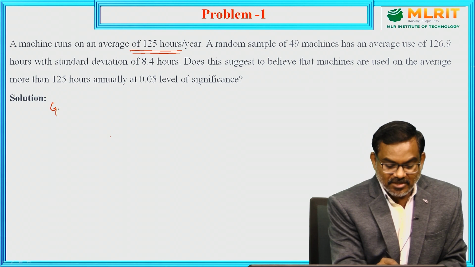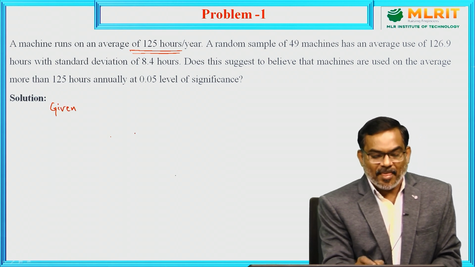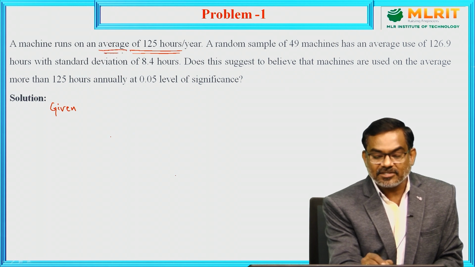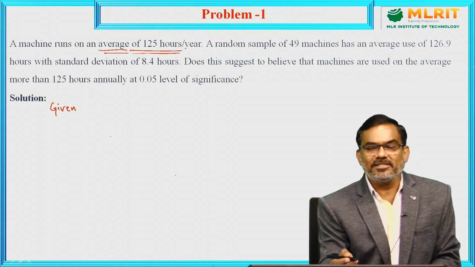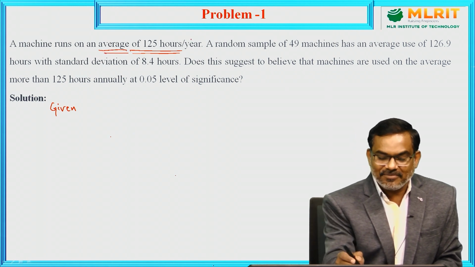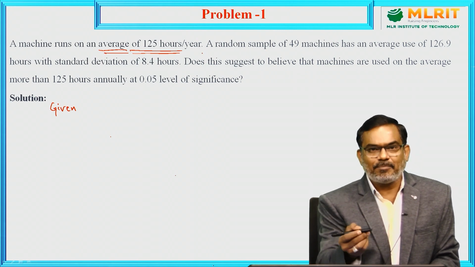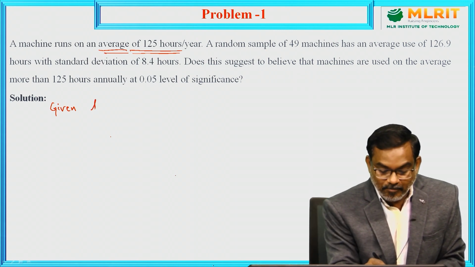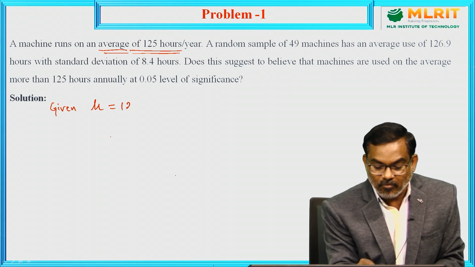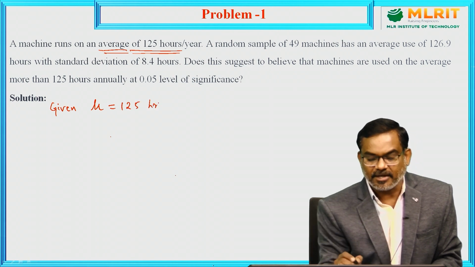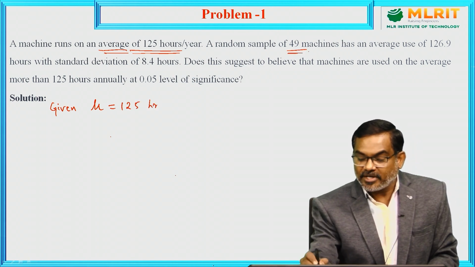So, first write the given data, what is given in the problem. A machine runs on an average of 125 hours, average means the mean. So, this information is regarding the entire population. So, given population mean mu is 125 hours per year and a random sample of 49 machines.